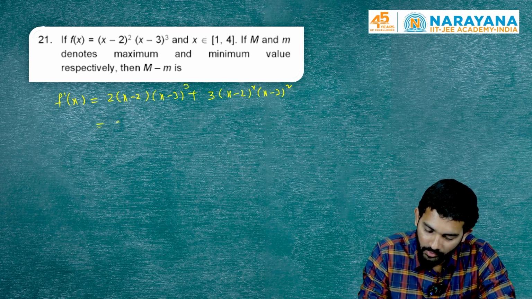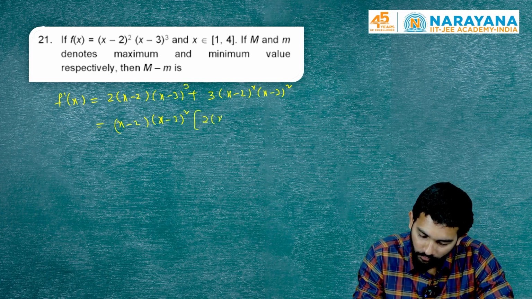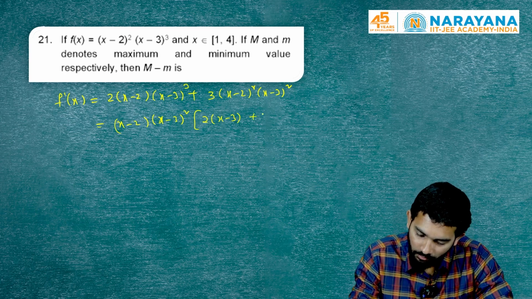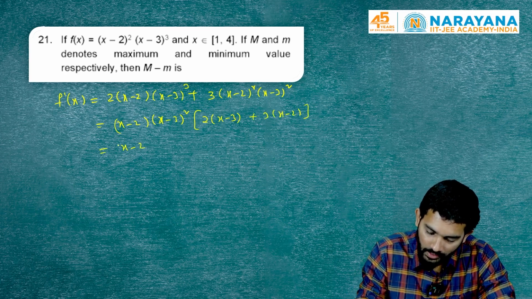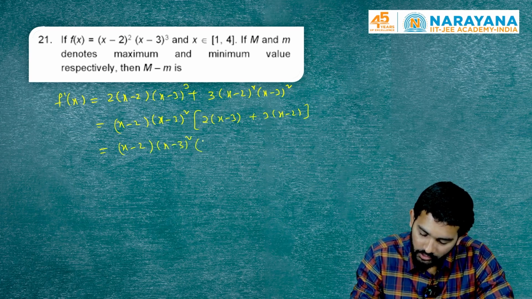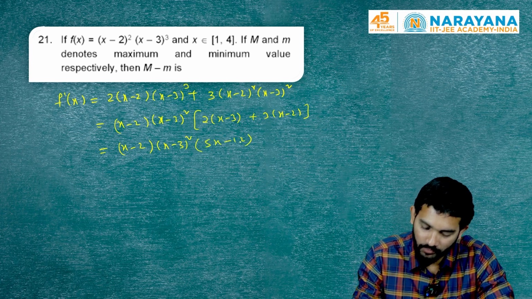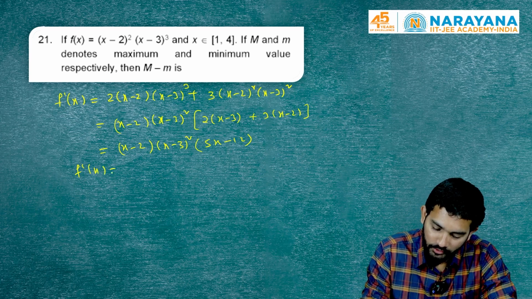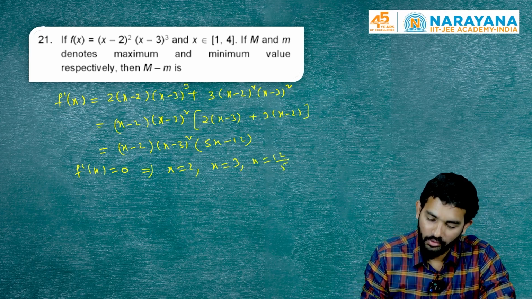Taking (x minus 2) into (x minus 3) whole square common, what is left is 2 times (x minus 3) plus 3 times (x minus 2), which is 5x minus 12. So f dash of x equal to 0 implies x equal to 2, x equal to 3, x equal to 12 by 5.